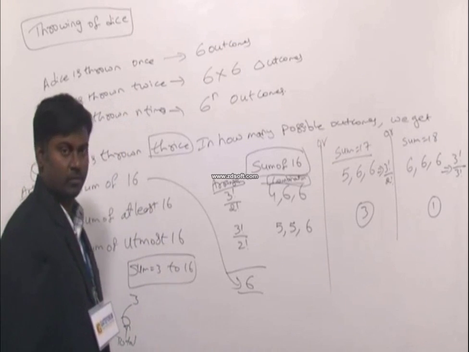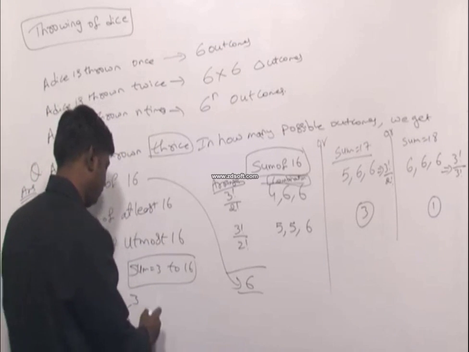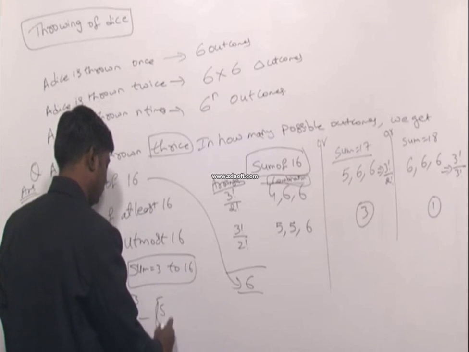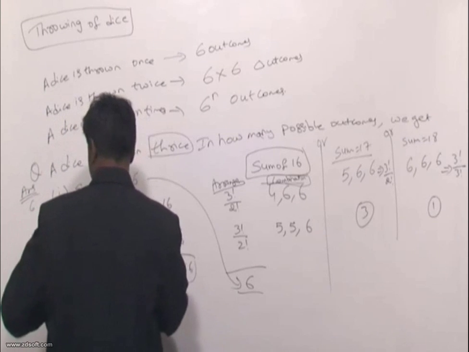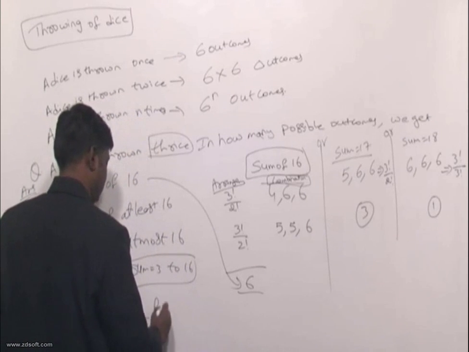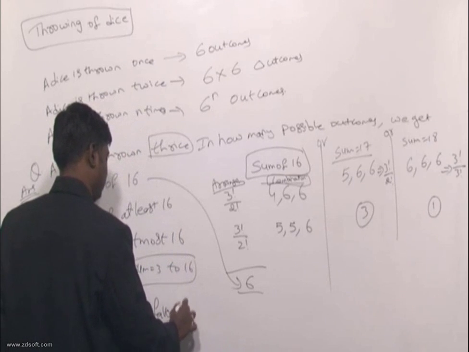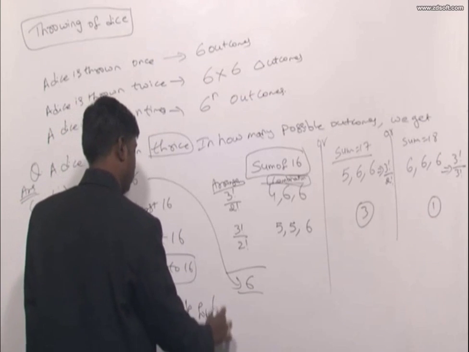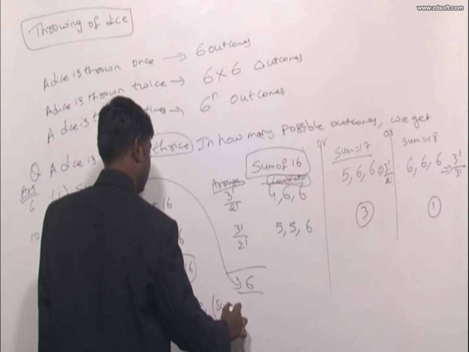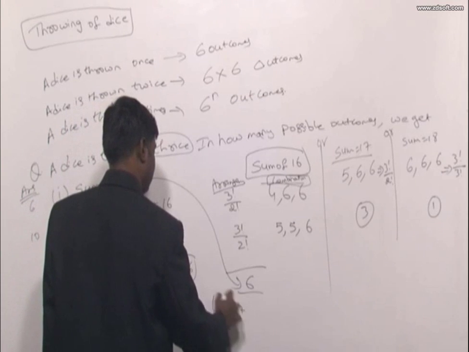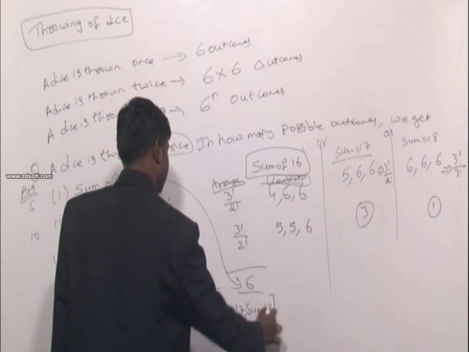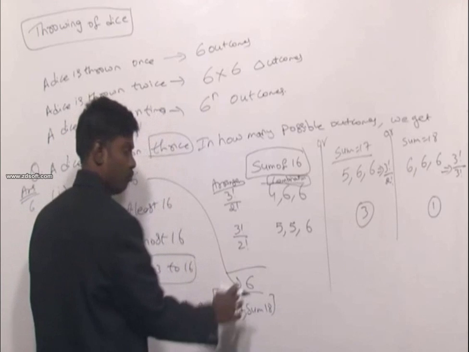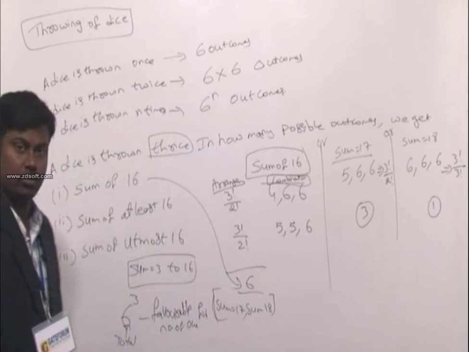Right? From that, if you subtract favorable number of outcomes for sum 17, sum 18, so if you subtract these two, then we get the total number of outcomes.